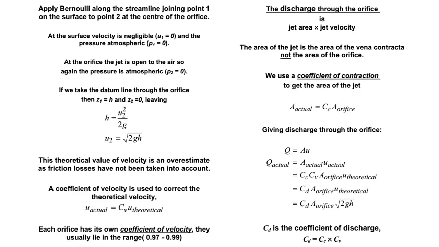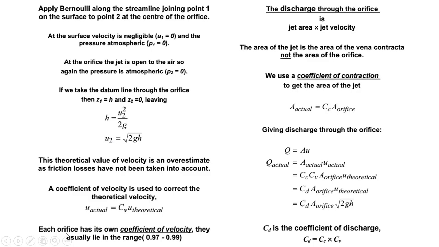This U2 equal to the square root of 2GH is the ideal velocity. But due to friction losses, we need to also find the actual velocity, which is CV, the coefficient of velocity, multiplied by U theoretical, or multiplied by U ideal. This one can be known as the theoretical velocity or ideal velocity.